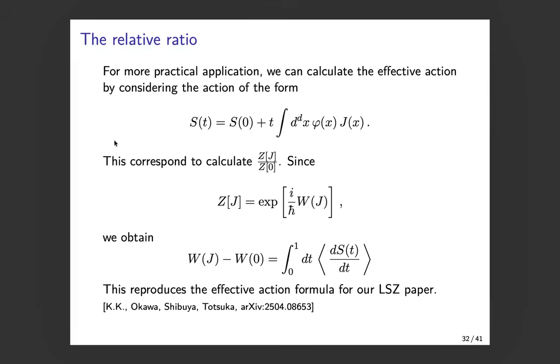So this just appears in the quantum field theory, and this corresponds to calculating Zj over Z0. And the Zj can be written by this form. Applying our formula, we obtain this form, and we can see how to calculate effective action in terms of homotopy algebra.